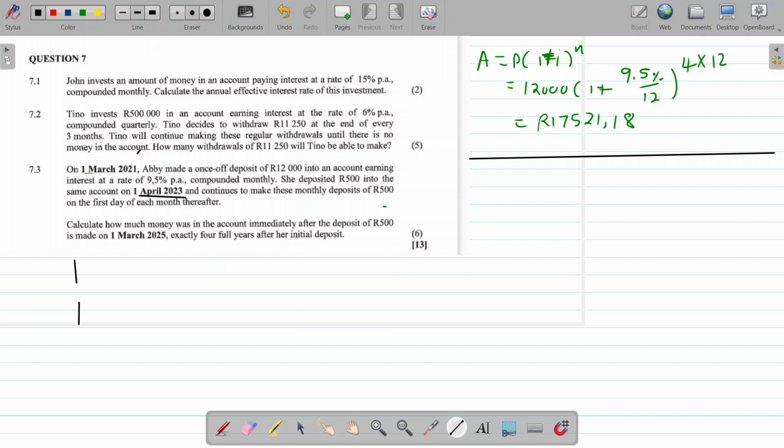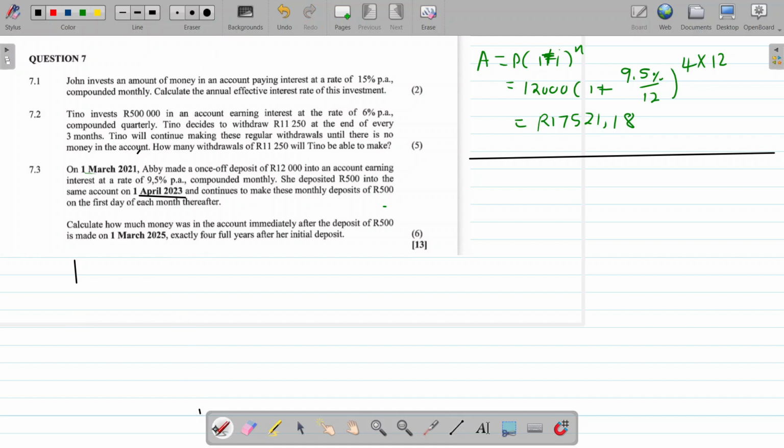Let's think about that. The 1st of March 2021 is Abby's first payment, so the annuity's first payment was exactly 2 years later. From the 1st of April 2023 to the 1st of March 2025, that's another 2 years. So our annuity is going to run for 2 years.